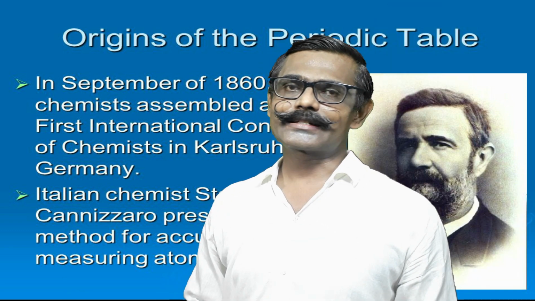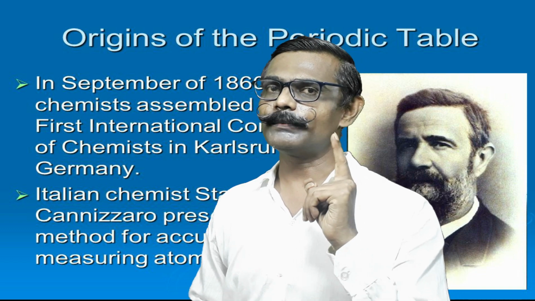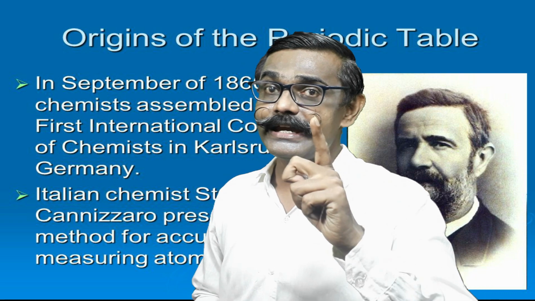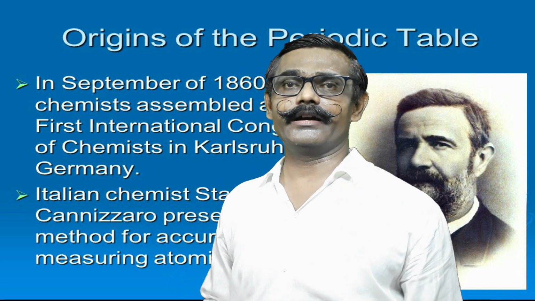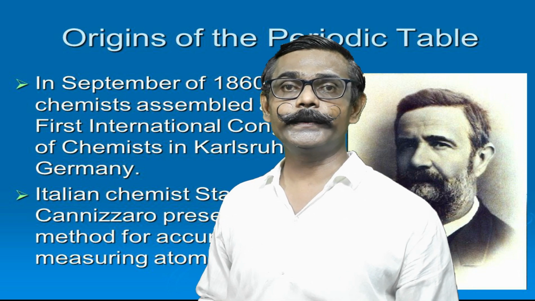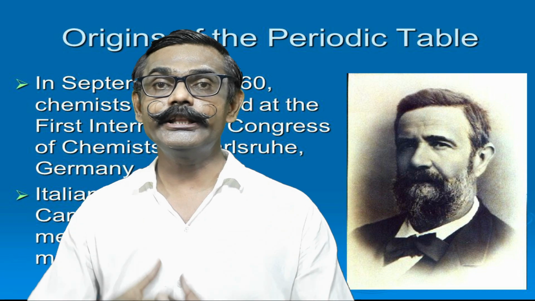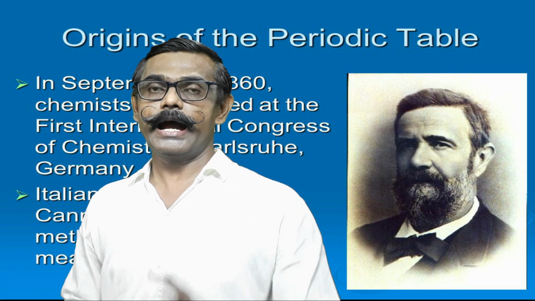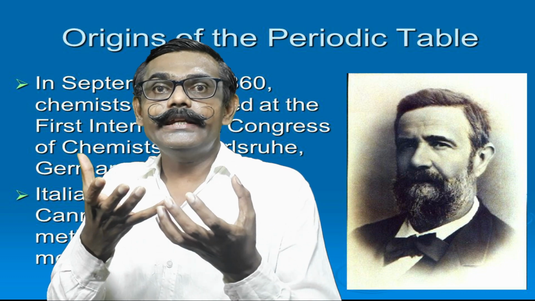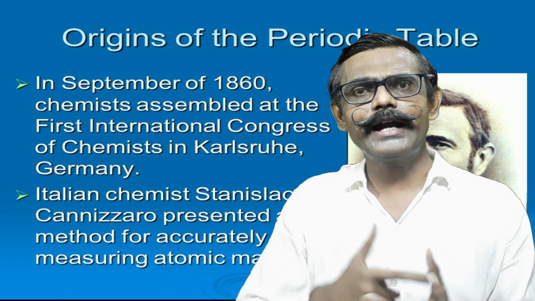But at last, on the last day, Cannizzaro brought to the notice of all what Avogadro had said 50 years before. It was a brilliant idea, and he presented the statistics of the equal volume and number of the atoms or molecules present in particular gases. And he said, if we know the molecular weight of any molecule or any gas, from that it is easy for us to find atomic weight.